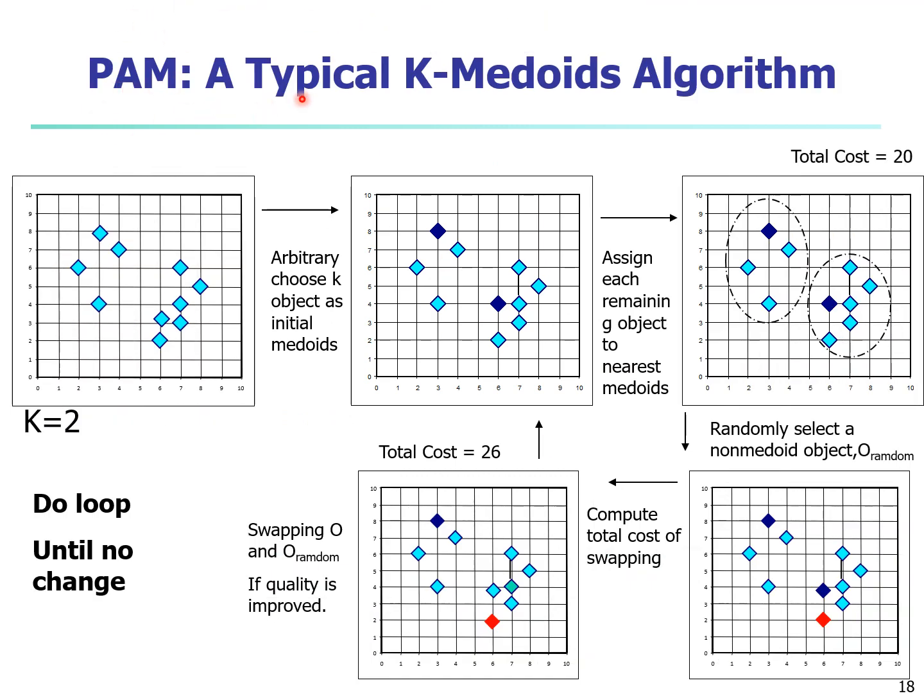Partitioning around medoids, a typical medoid algorithm. So this is the data set. We arbitrarily choose k objects to be the ones in the middle. Then we assign the remaining objects based on their distance from the medoids, and then randomly select a non-medoid object O. We calculate the distance of O from the first medoid and from the second medoid.